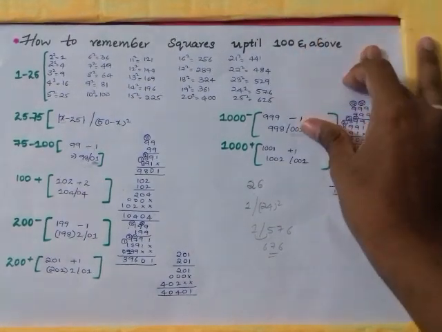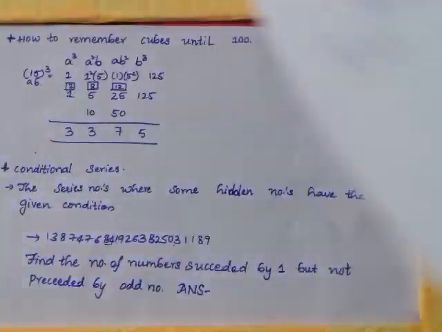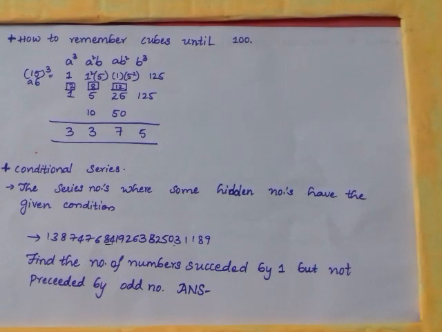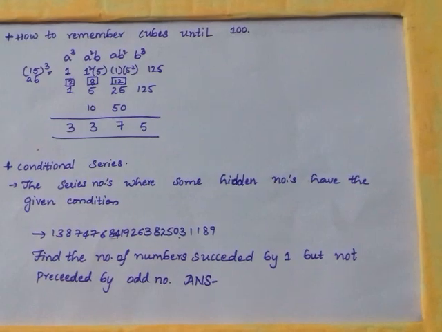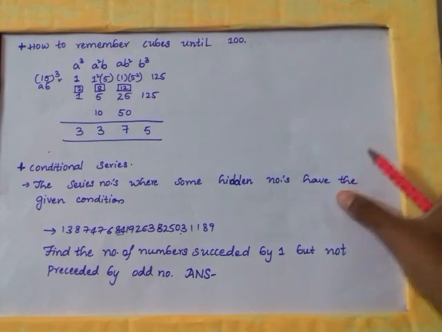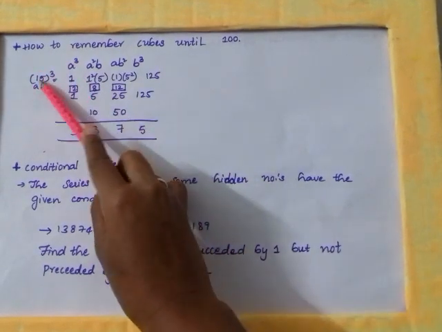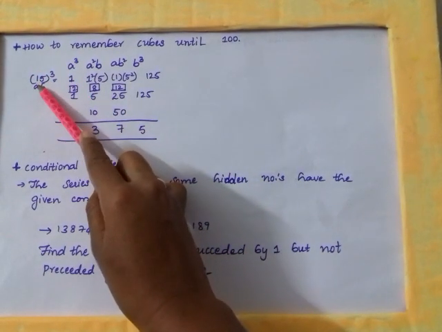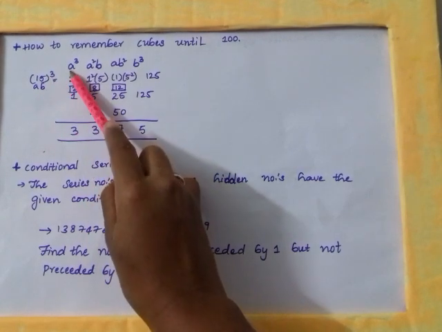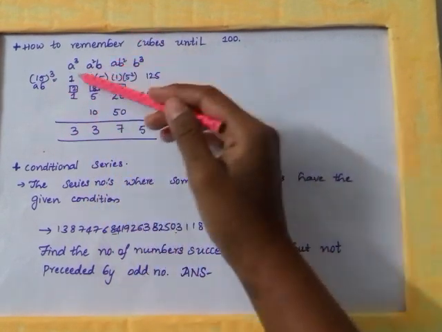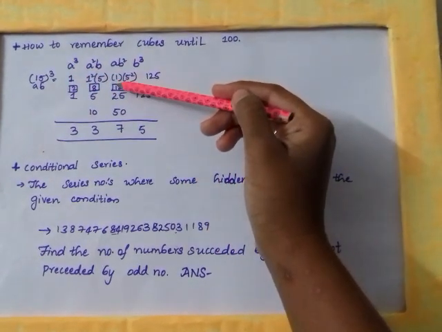Next, going to the cubes. How to find the cubes of numbers up to 100. To find the cubes of numbers up to 100, first we need to write the number with a cube symbol, with the tens place as A and the ones place as B, and follow this process to determine the values.